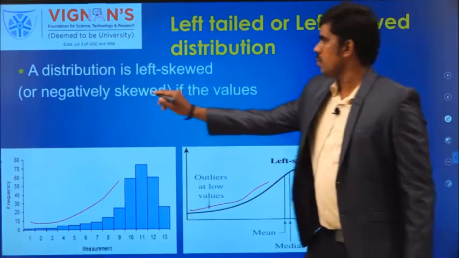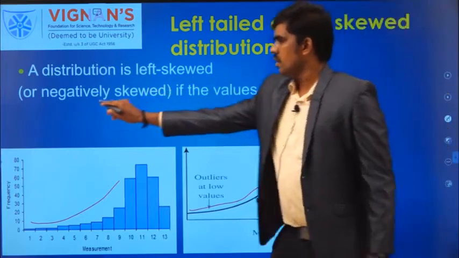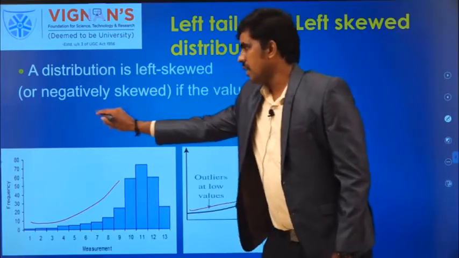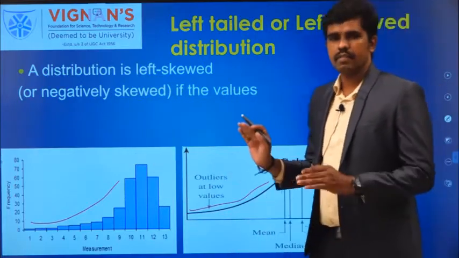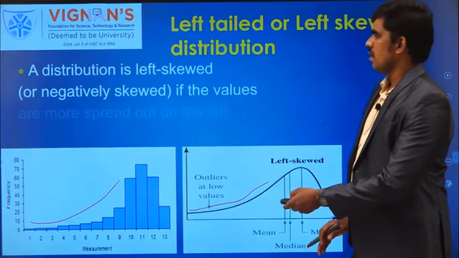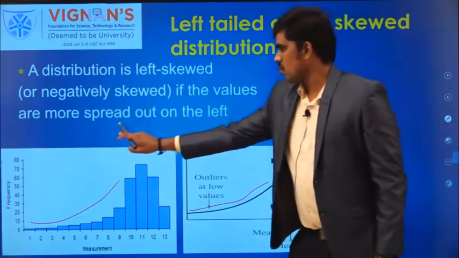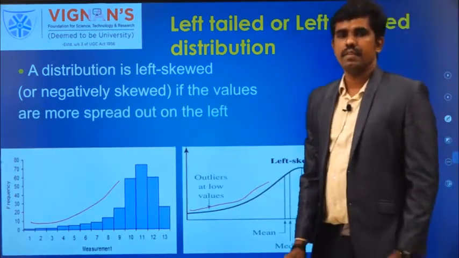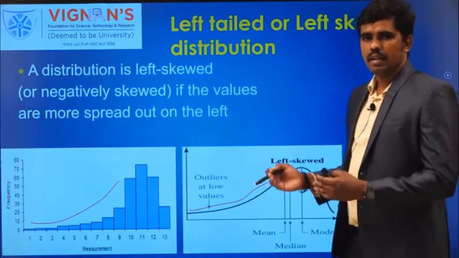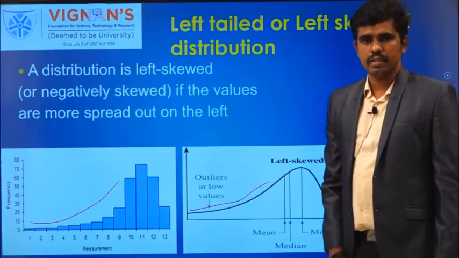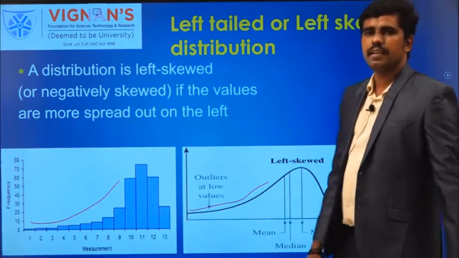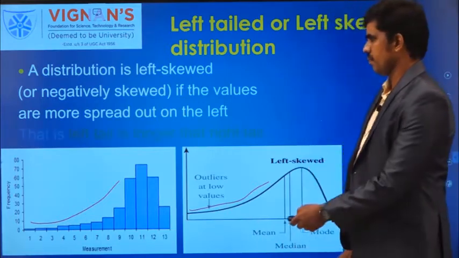A distribution that is left skewed is also normally called negatively skewed. Left skewed and negatively skewed are both the same. If the values are more spread out on the left, if it has the long tail on the left side, then we say the corresponding distribution is a left tailed data distribution.